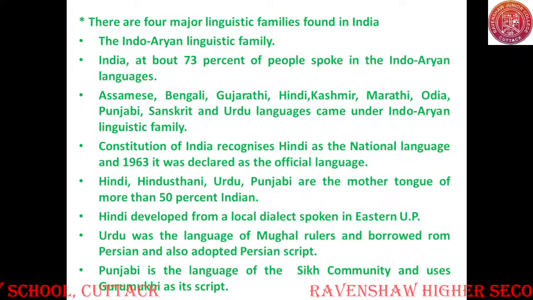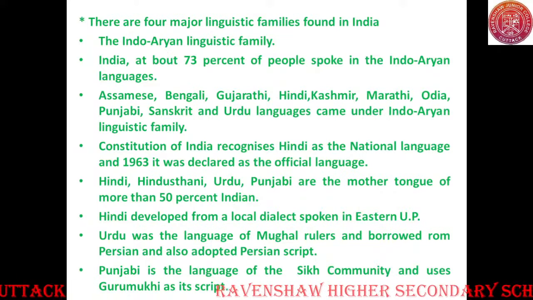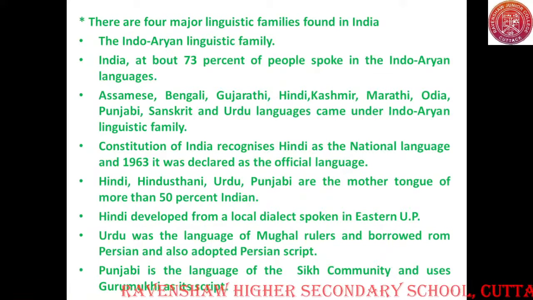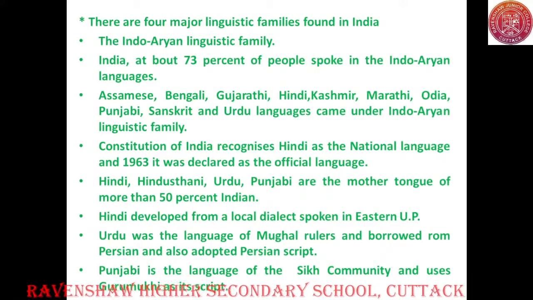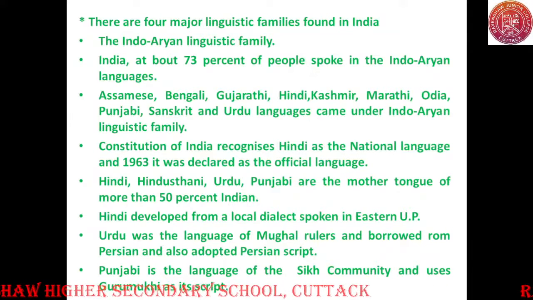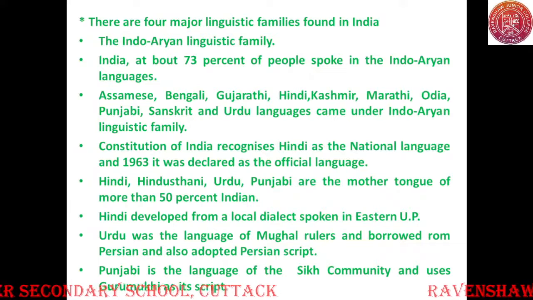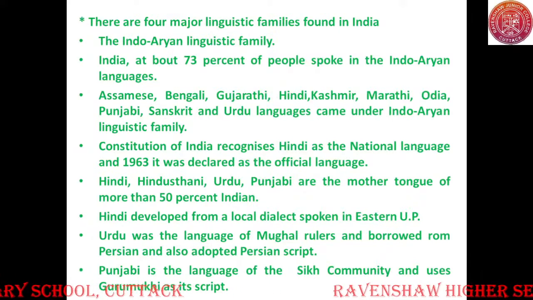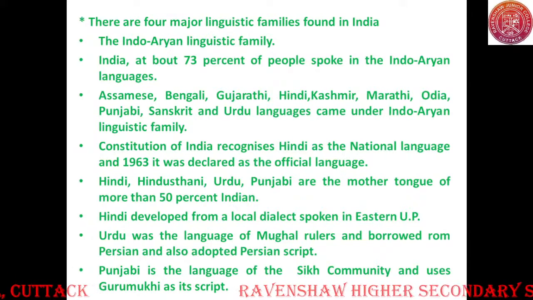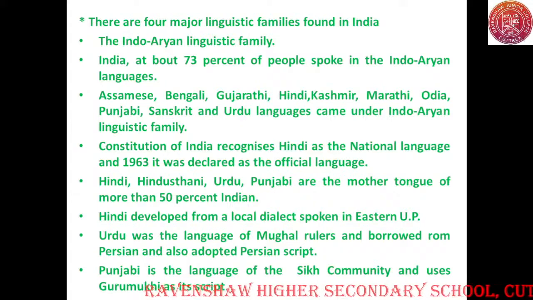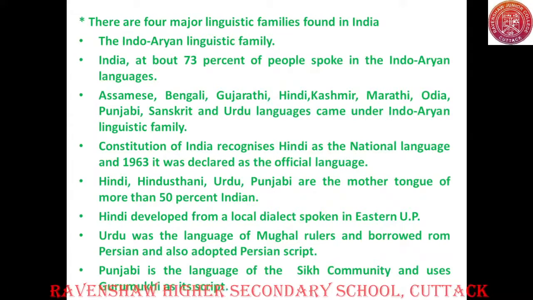These 4 linguistic families found in India are known as the Indo-Aryan linguistic family, then the Dravidian linguistic family, then the Austric linguistic family, and at last the Sino-Tibetan linguistic family.